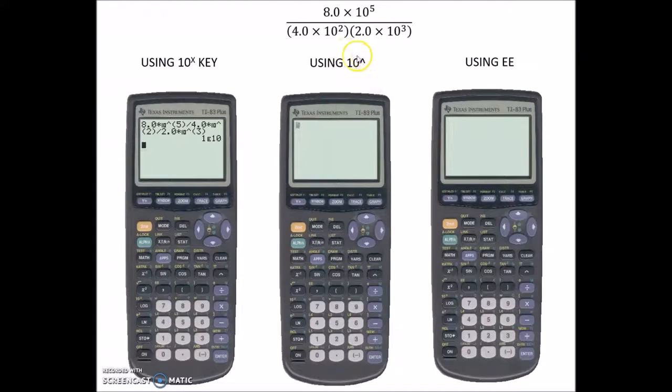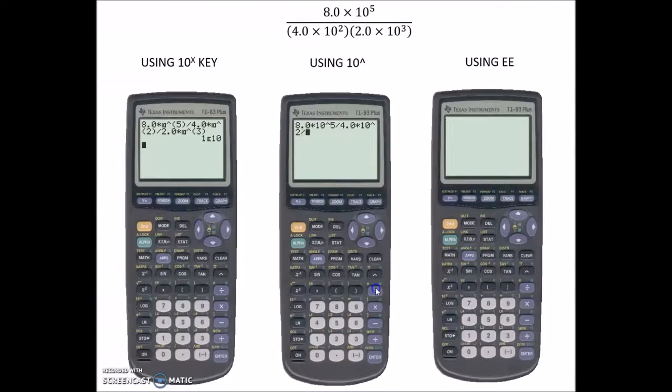Okay, now let's use the caret method of getting an exponent. Again, we're going to enter that expression, 8.0 times 10 caret 5, which is kind of the long way of putting in scientific notation. Divide that numerator by the first part of the denominator, which is 4.0 times 10 caret 2, and I'll wait for the calculator to catch up a little bit.